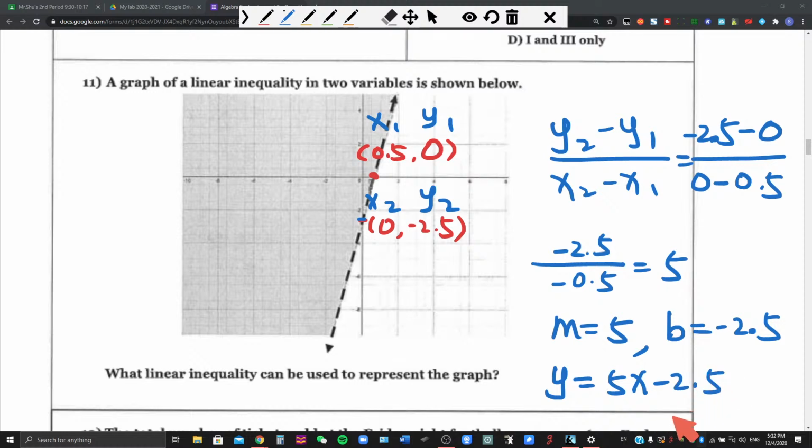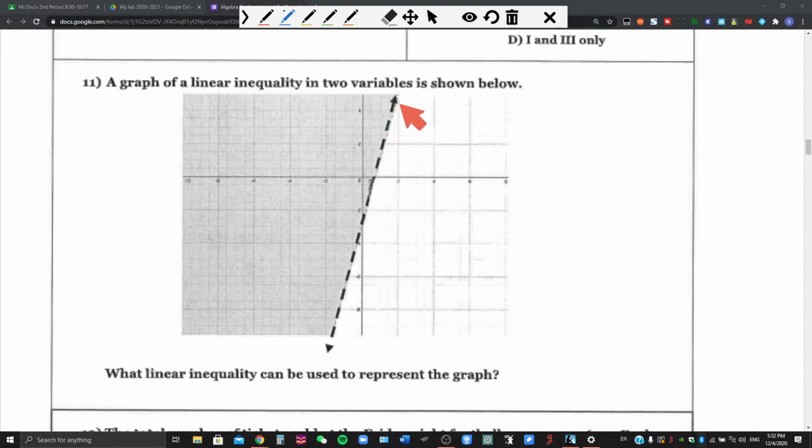That will be the formula for this edge: y equals 5x subtract 2.5. Again, we cannot read exactly where the 2 points are, so this is just an estimation. If we could read the exact positions, this would probably change.